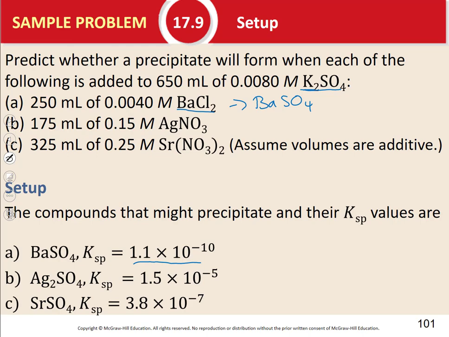So in our problem, if I am 0.0040 barium chloride, then what concentration would that solution be of barium? What's the ratio of barium? 1 to 1. So it would also be 0.0040 molar barium ion. Therefore, I can ignore the chlorine and just say I'm 0.0040 molar barium before I mix the solution.